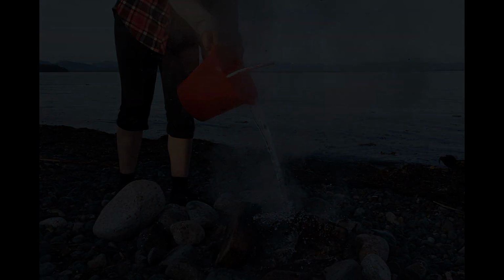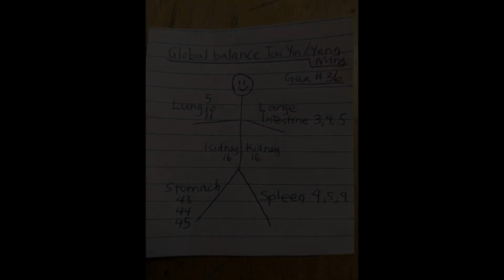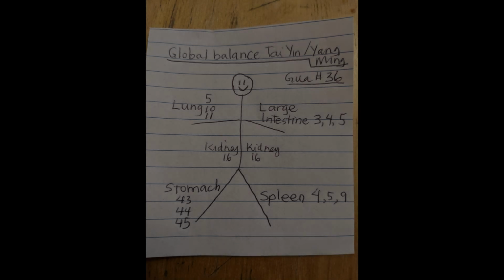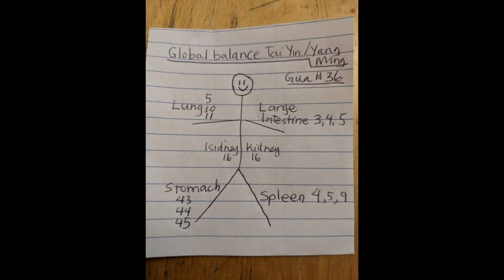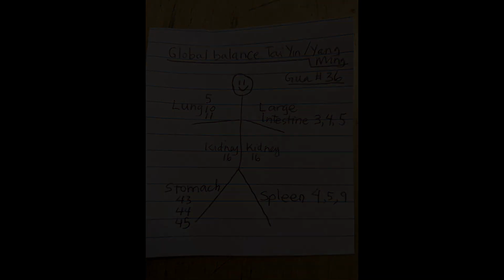Okay, and then in addition to these channel points on the arms and the legs, you'll see in the center of my drawing here, I use kidney 16, which is right at the navel. So it's just on either side of the navel, and that is to mirror the rectum, the anus.